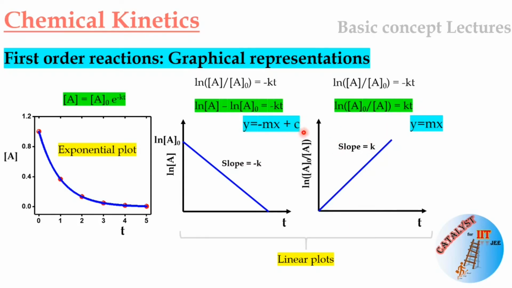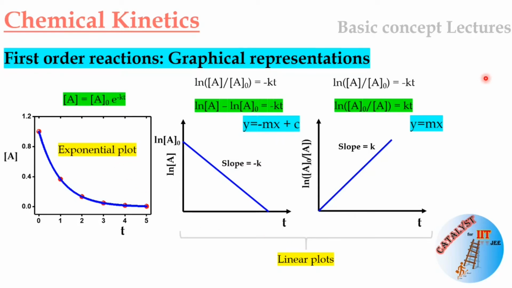As you can see, here you have c, but here you have no c. That means your straight line goes through the origin. As you can see here, this is your origin and it passes through the origin, correct? So this is also a linear equation. These two plots are called linear plots, and the other is called the exponential plot for the first order reaction kinetics.